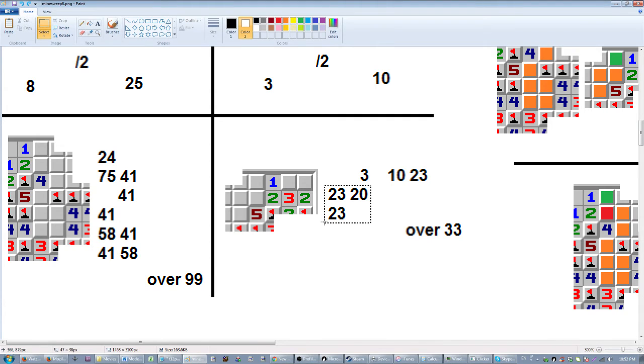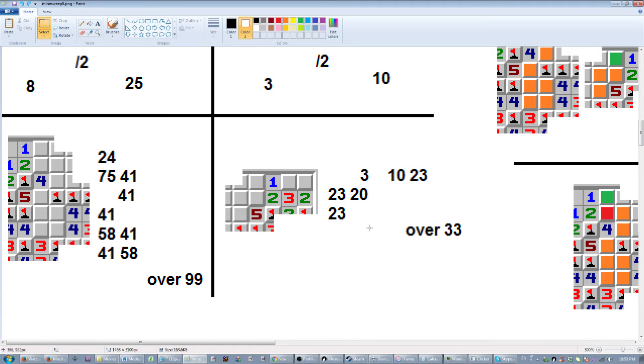Another way to simplify calculating all this is that I know that there's 20 mines here, and there's 2 mines here. So the total among these must be 33 times 2, right? Because of the amount of mines. The total 33 is for 1 mine. So if there's 2 mines here, the total of each number has to be 66.